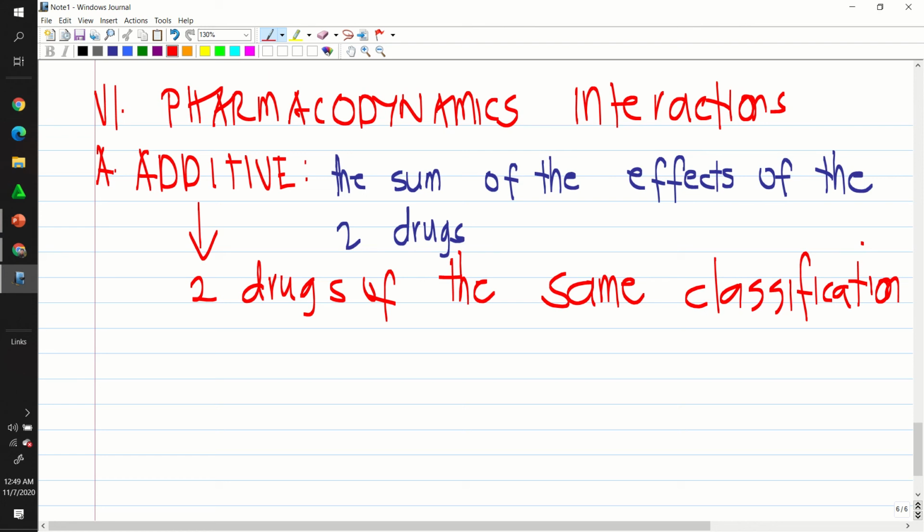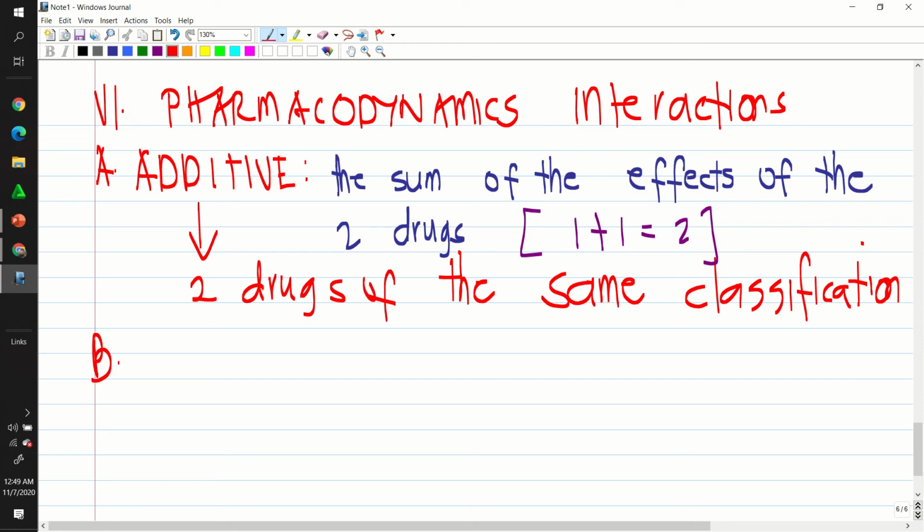They are analgesics that work by a different mechanism, but they can be given together for increased pain relief. Mathematically speaking, additive is simply illustrated as 1 plus 1 equals 2. Two drugs of the same classification are given, producing increased effect beyond what either could produce alone. That is additive.